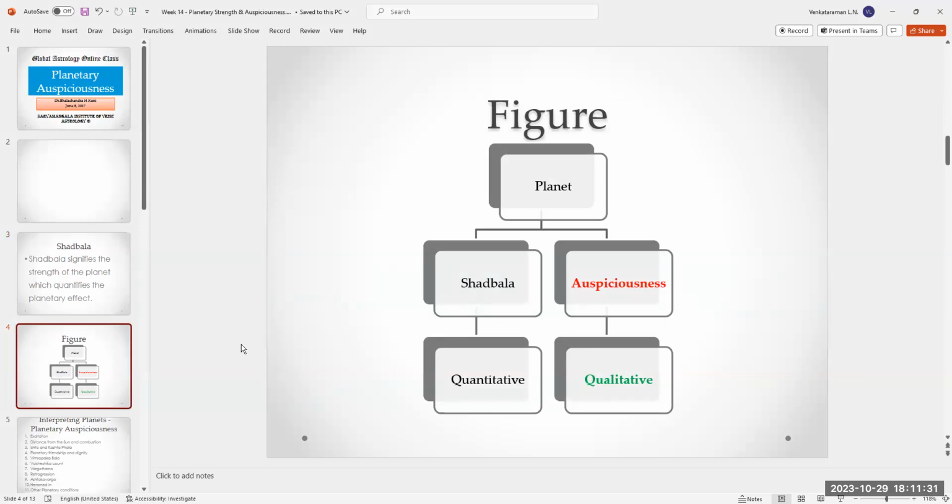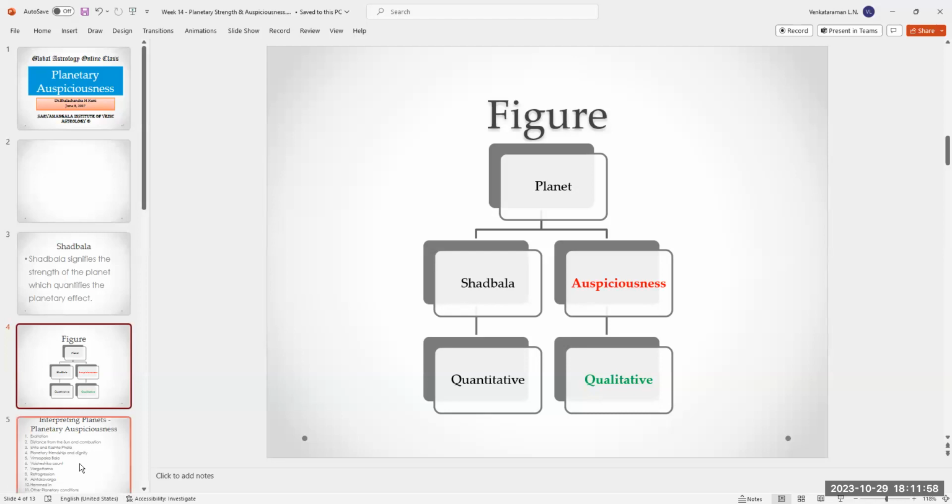So this is a standard way astrologers work: they assign numerical values to the Shadbala, and auspiciousness is more subjective. So the left side is objective, the right side is subjective and more qualitative.